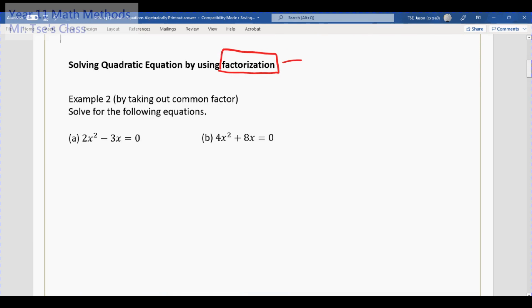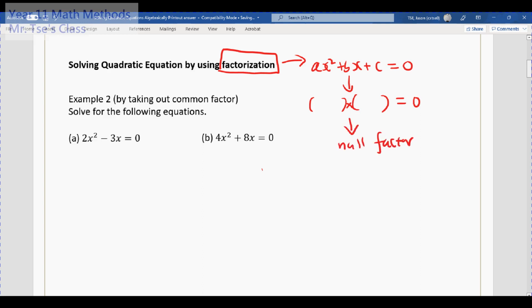Factorization means, given a quadratic equation, whatever it is, you try to factorize it into two factors times equals 0, and then you can use the null factor law. So that's the idea. You need to have that idea in your mind.